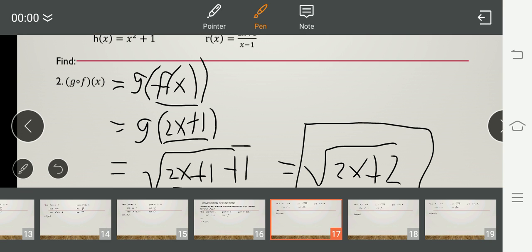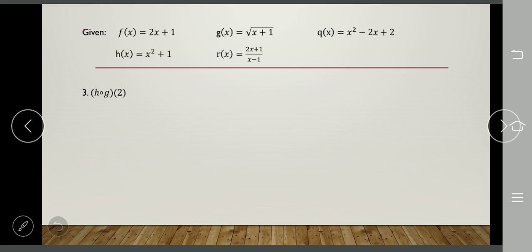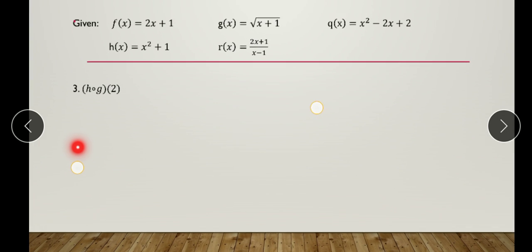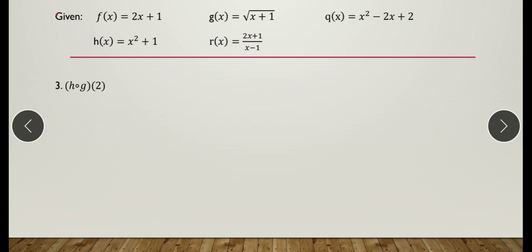Let's proceed to our next example. Now this time, you have to be careful. It's because our argument here is 2. It's not a variable x anymore.